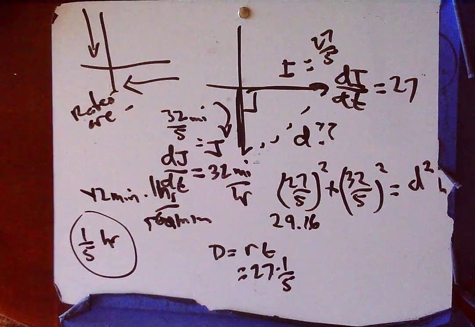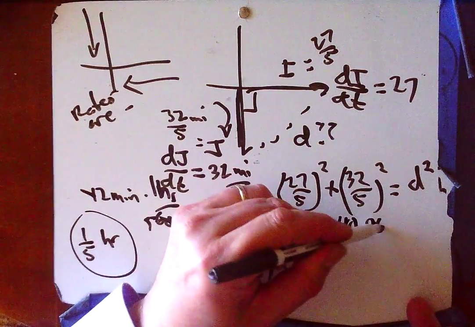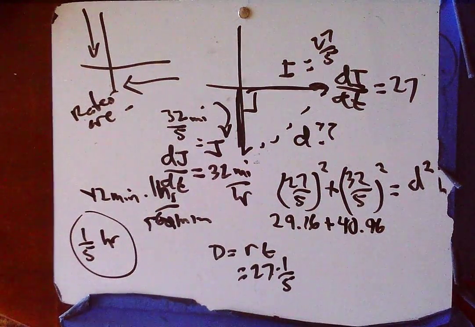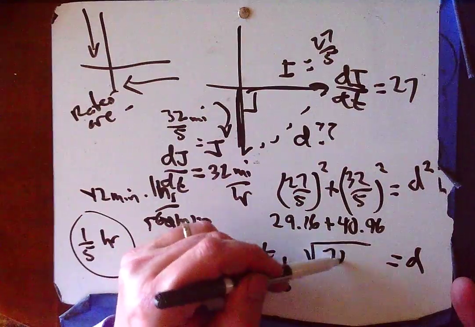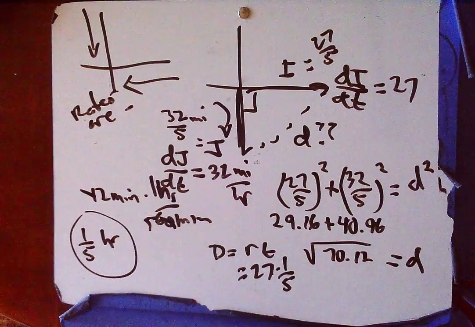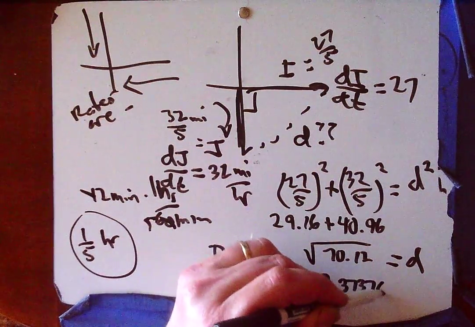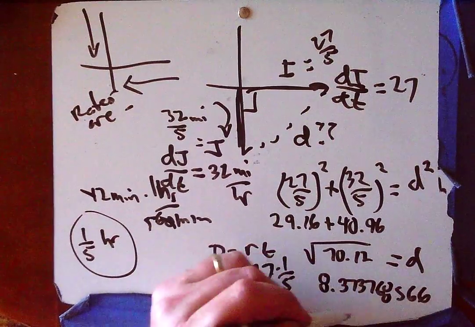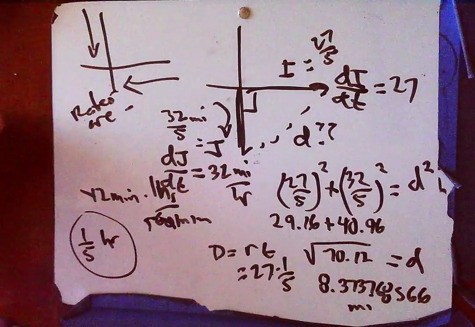And if I do 32 divided by 5 and square that number, I get 40.96 plus that 29.16. And so d is going to be the square root of 70.12, which is 8.373768566 miles apart.